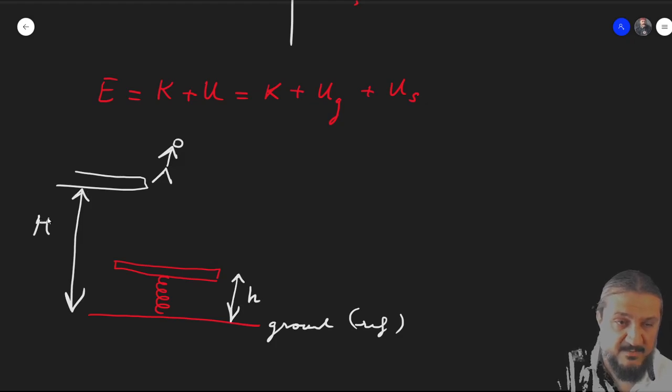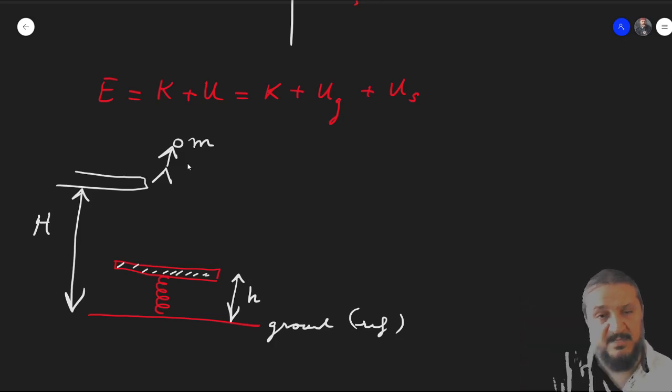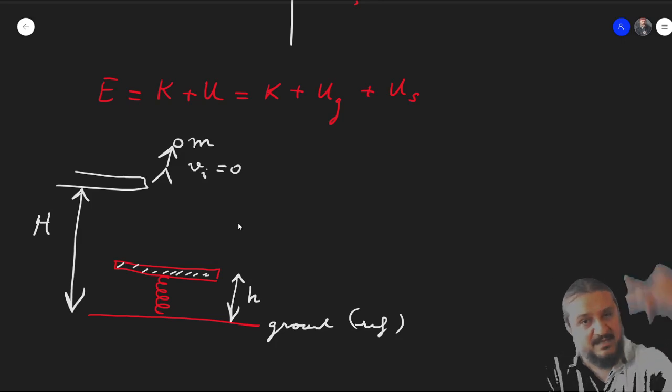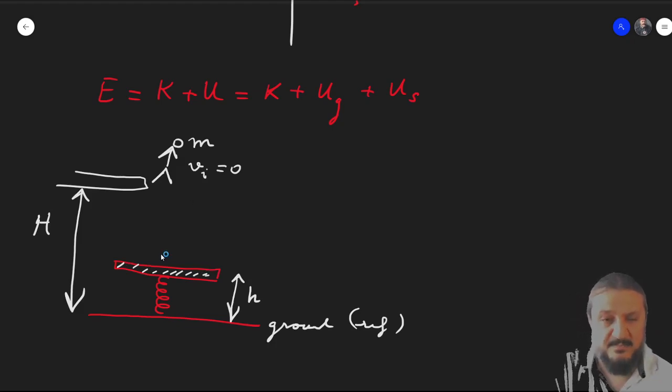That's the height. You can ignore the mass of the platform or not, which complicates things, but for now let's ignore it. But you have a mass, m, and you simply drop yourself, so your initial velocity is, let's say, 0. What will happen? You will accelerate and hit this trampoline or platform with some velocity.